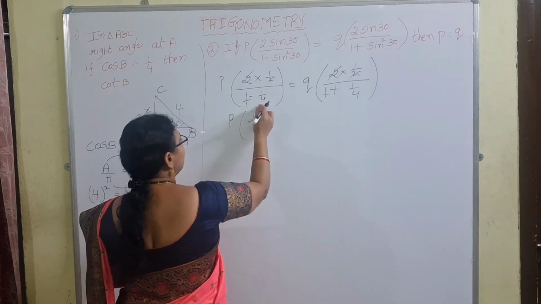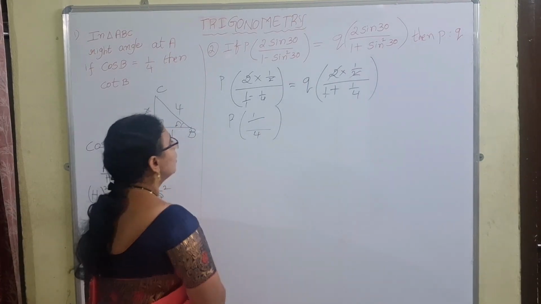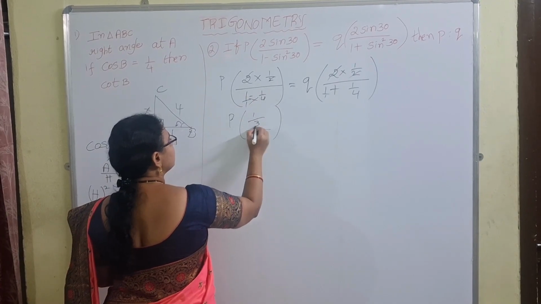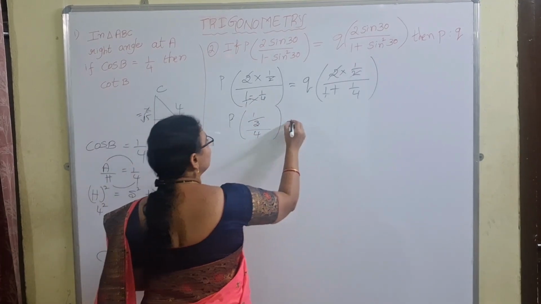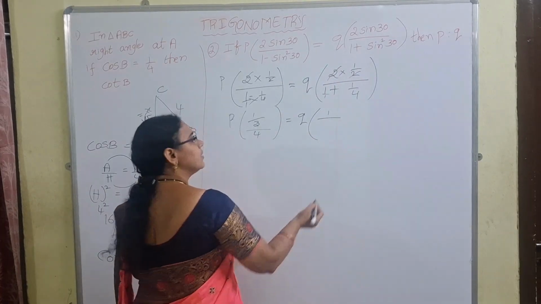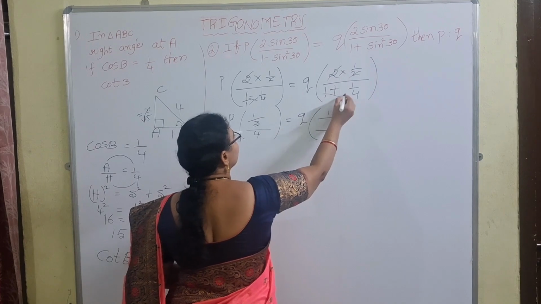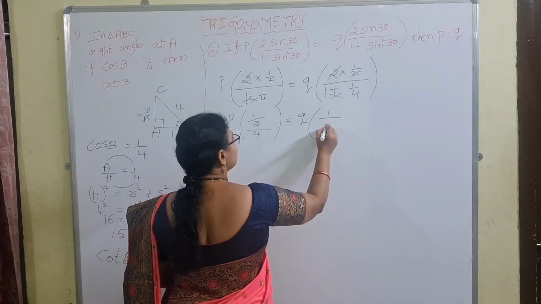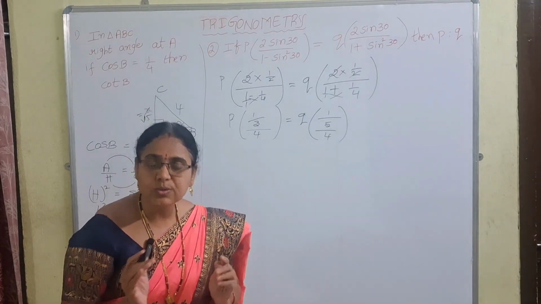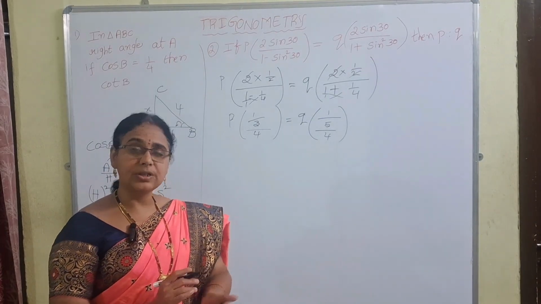That is the product of denominators, that means it is 4. So here, cross product, 4 minus 1 is 3, giving 3 by 4. Q into numerator is also 1, with the product of denominators as LCM and cross product, 4 plus 1 is 5. You just substituted the values and did a little simplification, so you have to finish it.